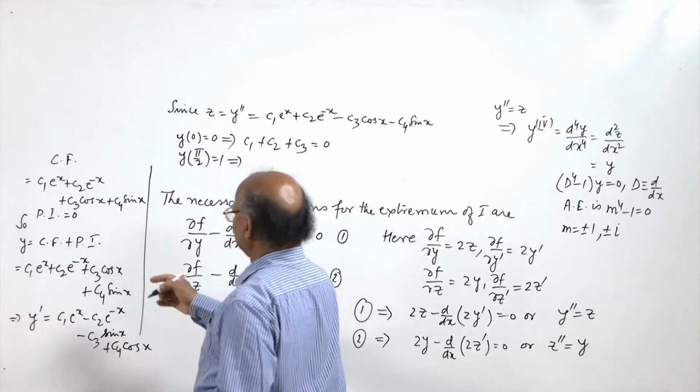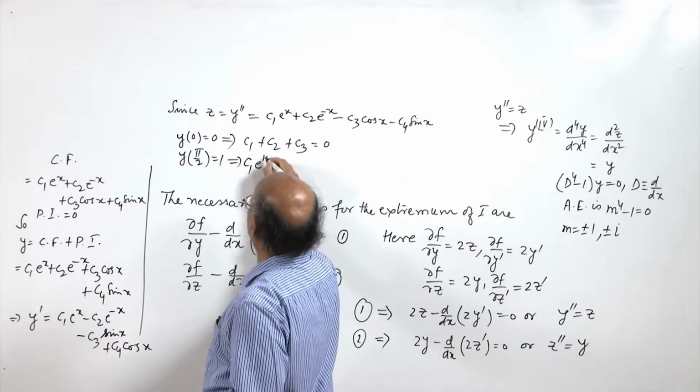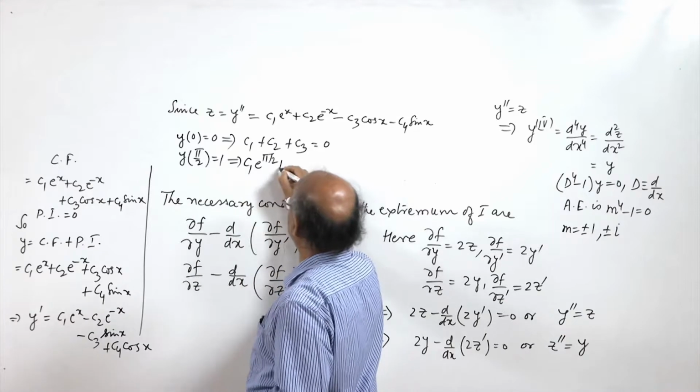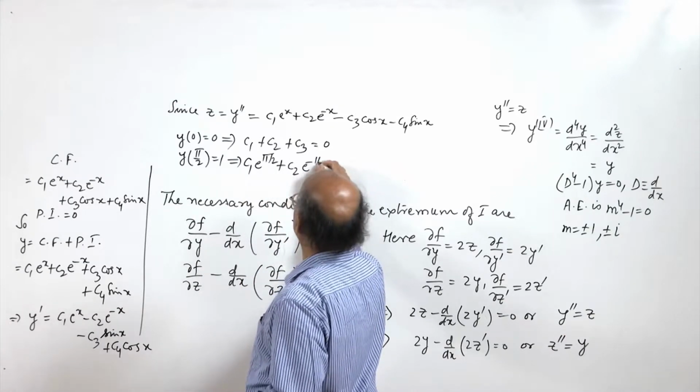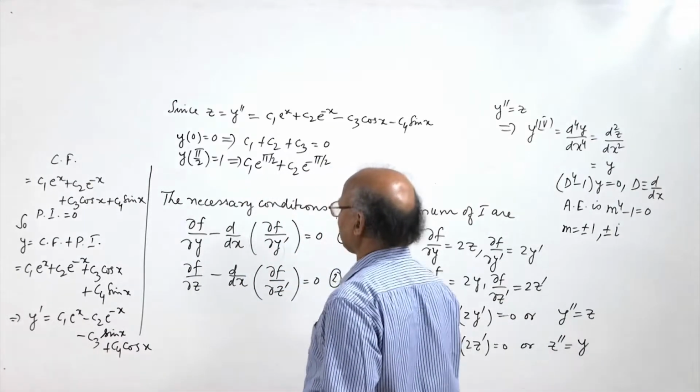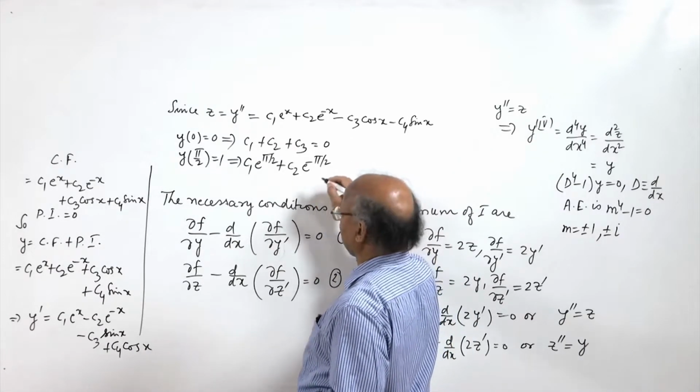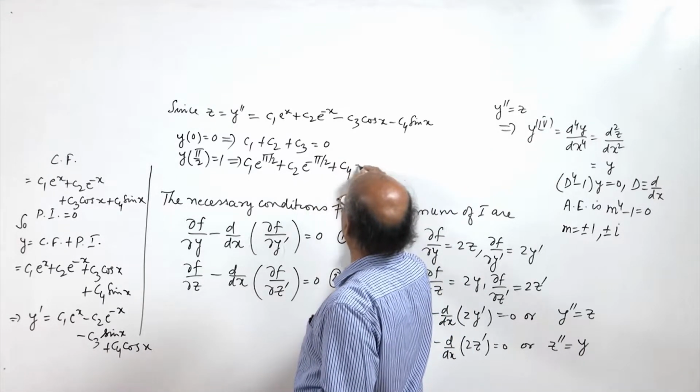So this will give you c1 e to the power pi by 2 plus c2 e to the power minus pi by 2, then cos pi by 2 is 0, sin pi by 2 is 1, so we get c4 equal to 1.